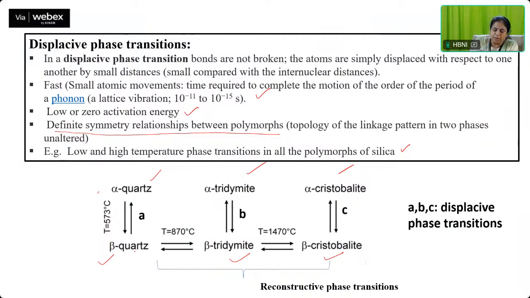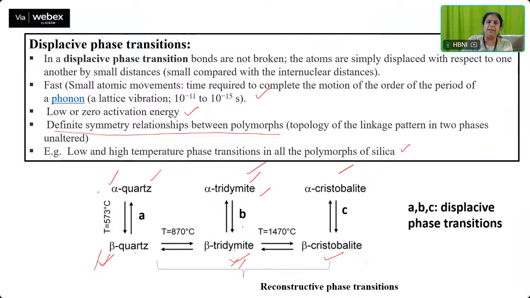Now these three are linked by reconstructive phase transition, but each one of them, like quartz, has a low quartz and a high quartz, alpha quartz and beta quartz. Similarly, tridymite has a low tridymite and a high tridymite. So alpha and beta are linked by displacive phase transition, but quartz and tridymite are linked by reconstructive phase transition.